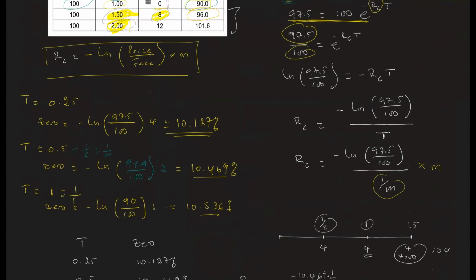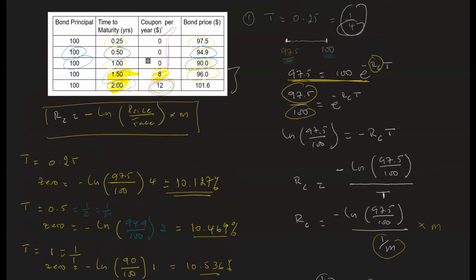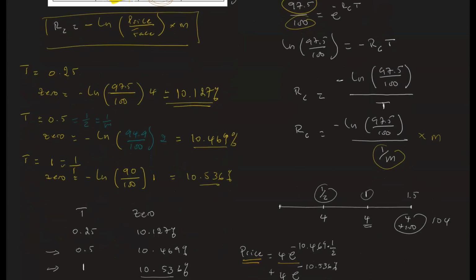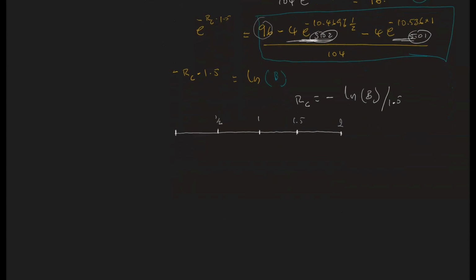The coupon payment is equal to $12 per year. Remember, it says per year here, and we need to adjust that for a semi-annual period. So 12 per year is going to be equal to 6 for the semi-annual period. So we're going to have 6 here, 6 here, 6 there, and then remember we get face value, so it's going to be 106 there.